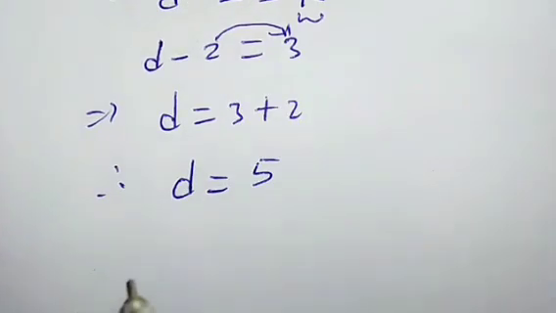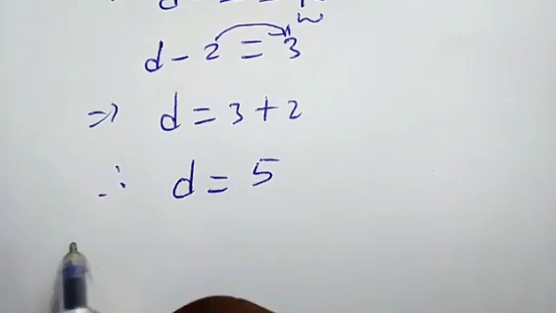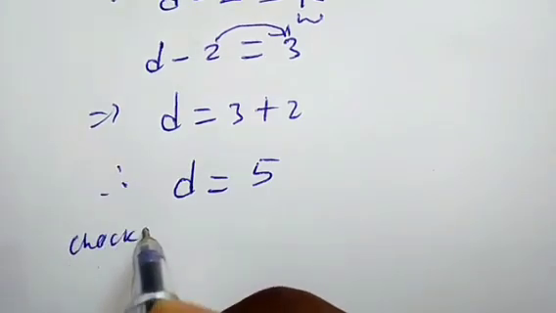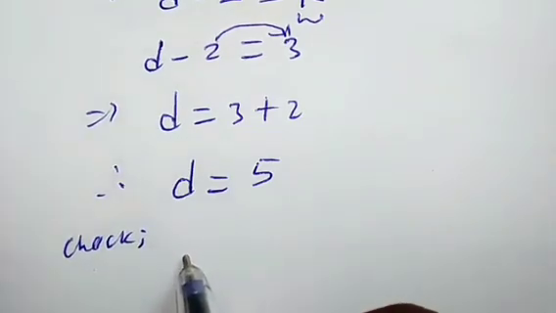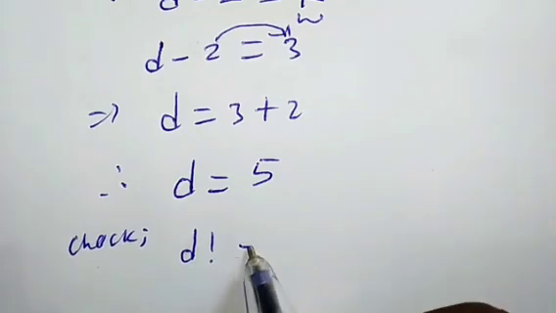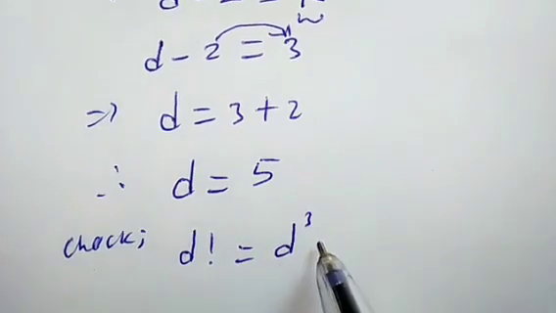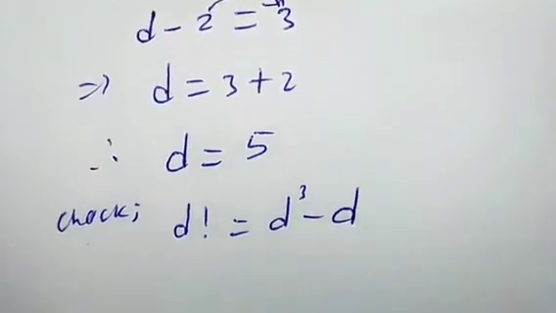We can verify if this is true. This is the check. The original question says d factorial equal to d to the power of 3 minus d, and the value of d that we obtained is 5.